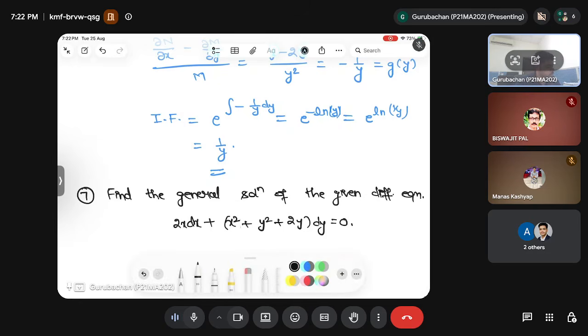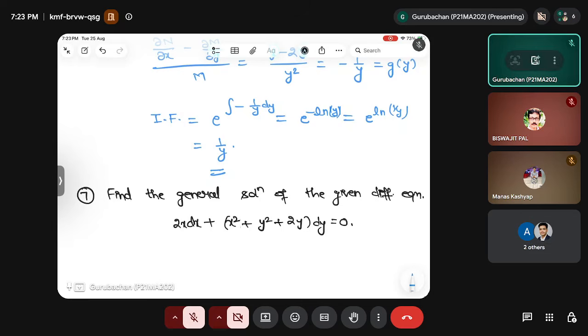You know how to solve this kind of equation. If it is exact, then you can solve it directly. Otherwise, you need to follow the integrating factor approach. So try this one and tell me the answer.